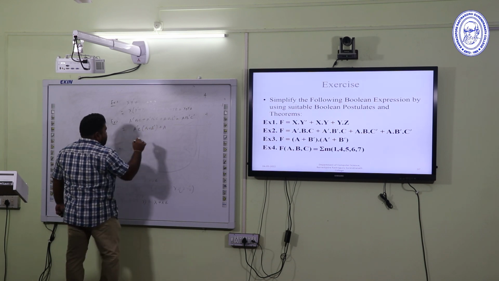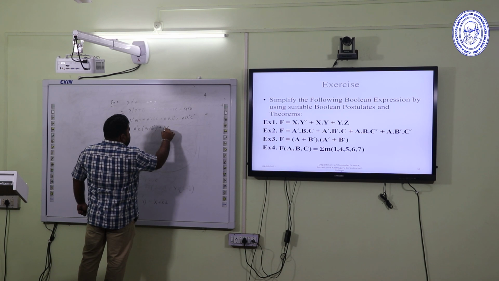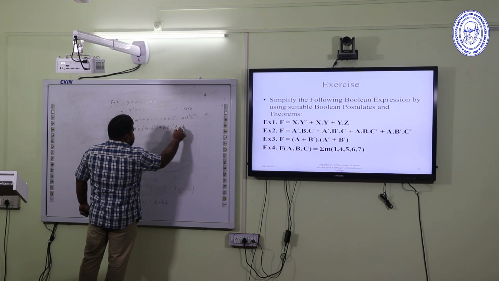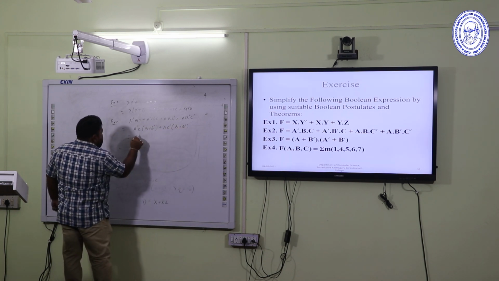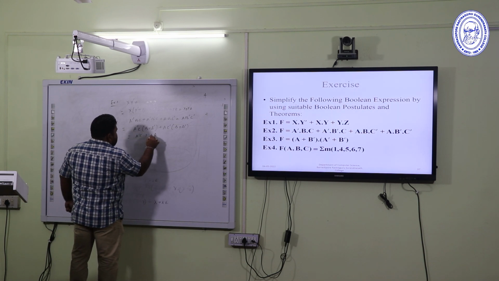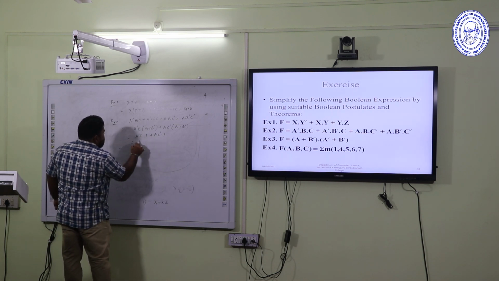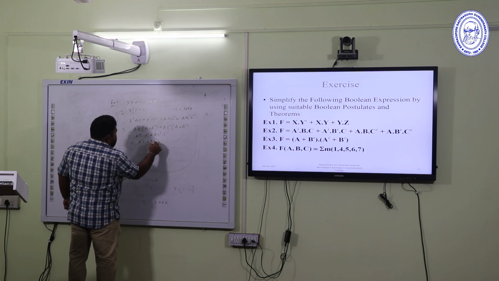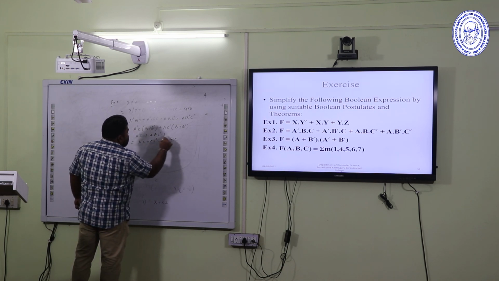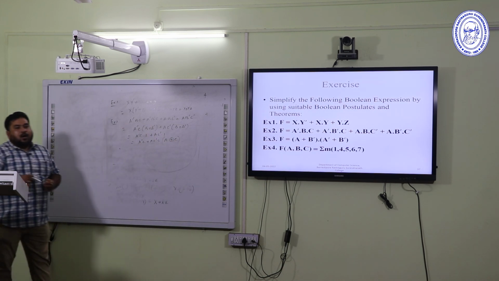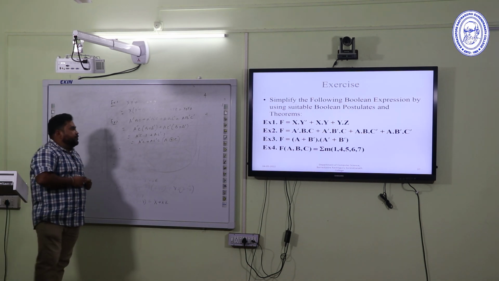If we take a c prime, we take b plus b prime. So that is a prime c dot 1 plus a c prime dot 1, that is a prime c plus a c prime. We can write it down as a XOR c. So this is the optimized expression.